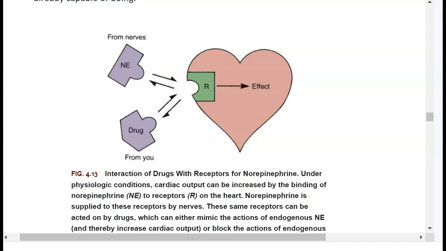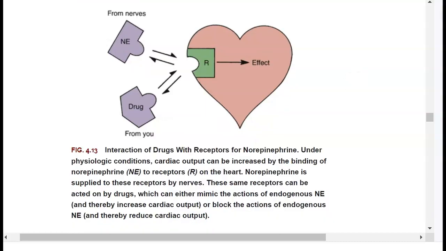So here's an example. Interaction of drugs with receptors for norepinephrine. Under physiologic conditions, cardiac output can be increased by binding of norepinephrine to receptors of the heart. So norepinephrine is supplied to these receptors by nerves.